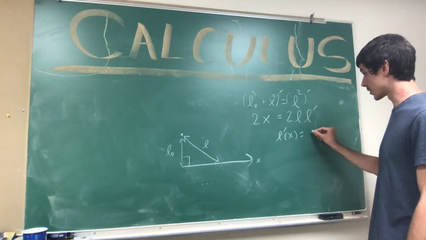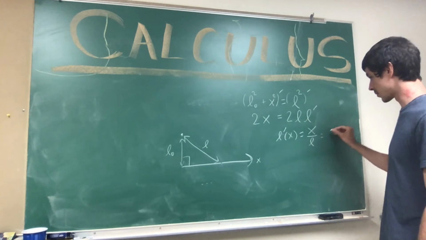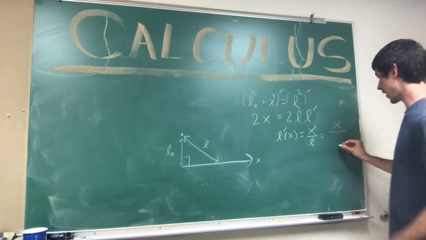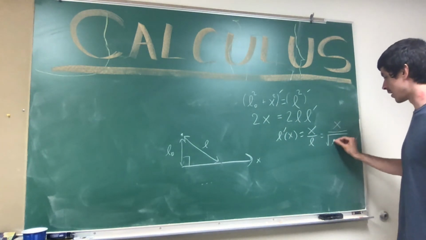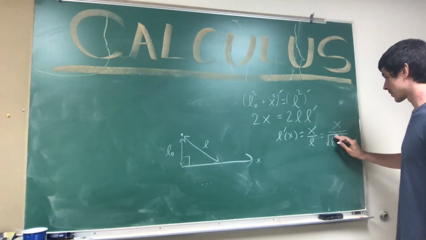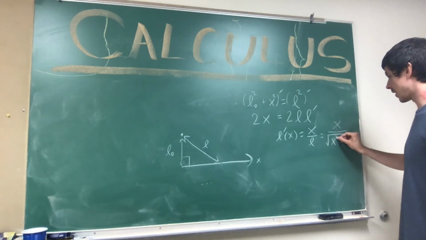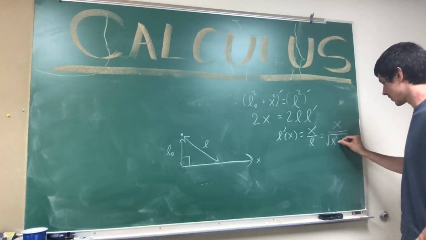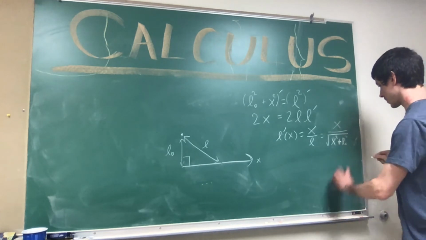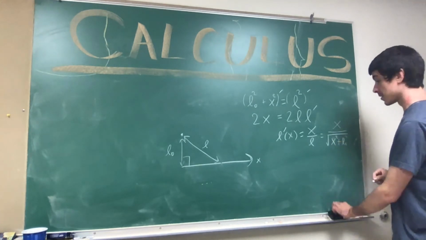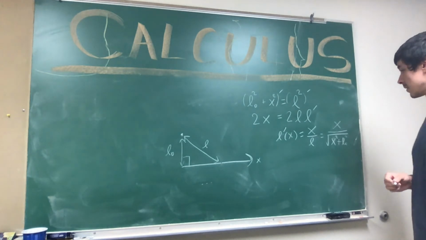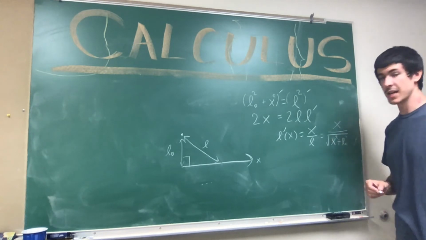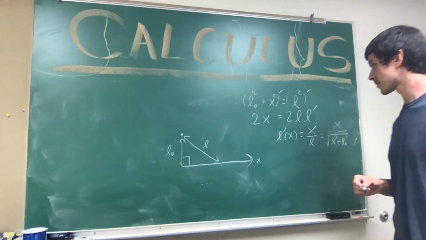So L prime of x equals x over L, which equals x over, we know from here that L is the square root of x squared plus L0 squared. Okay, so that's kind of cool. So that tells us how L is varying in terms of x.